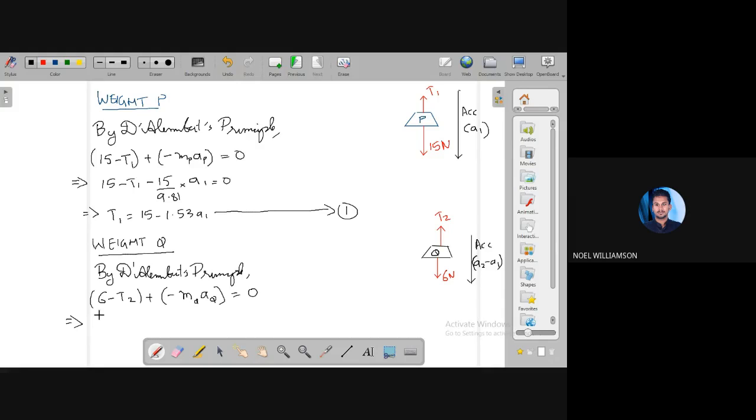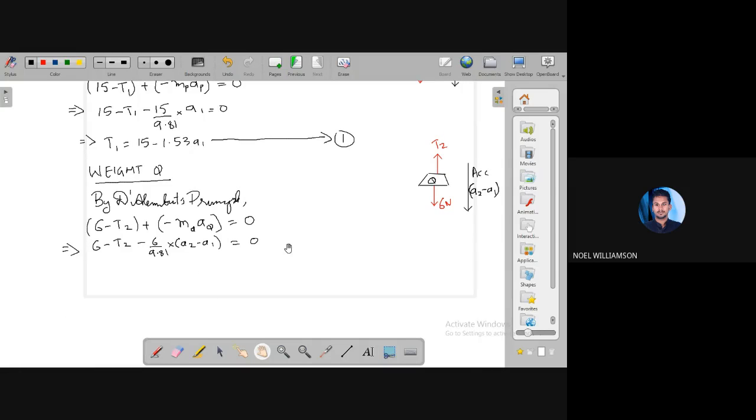Which implies 6 minus T2 minus mass of Q, which is weight of Q by g, that is 6 by 9.81, into AQ, where AQ is A2 minus A1, equal to 0.